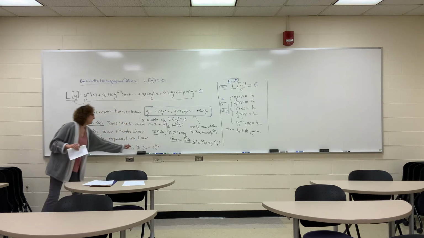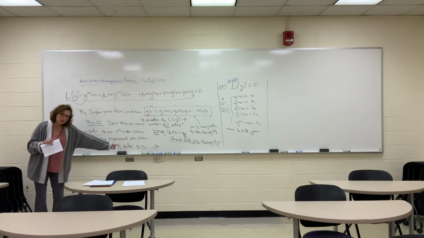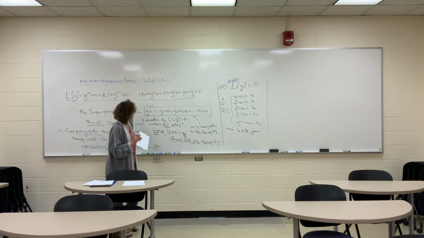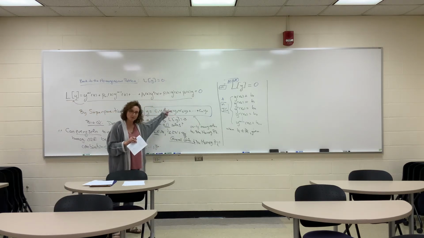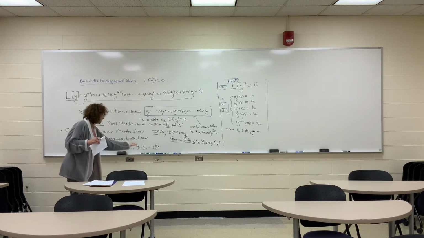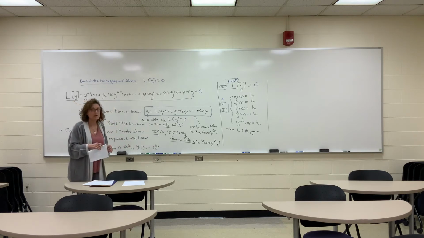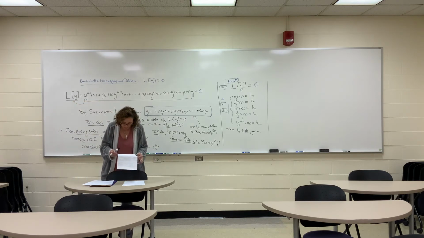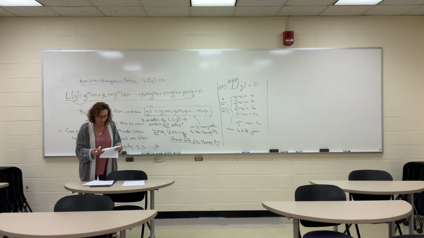Can you just have any old n solutions and then slap constants multiplying them and add them together and call it the general solution? Or is there something special that has to be true about your n solutions?